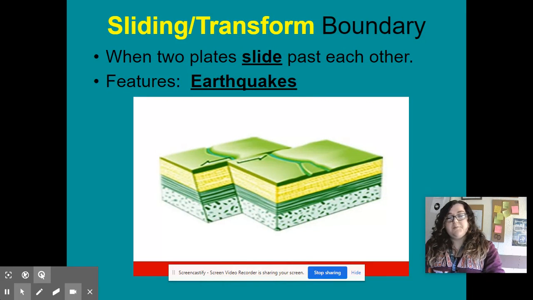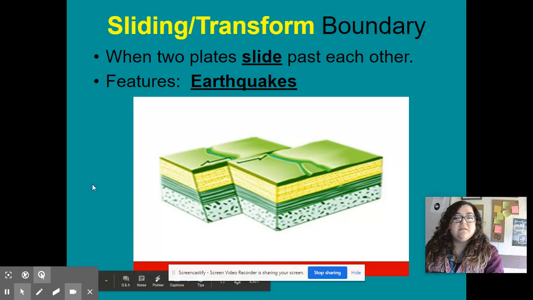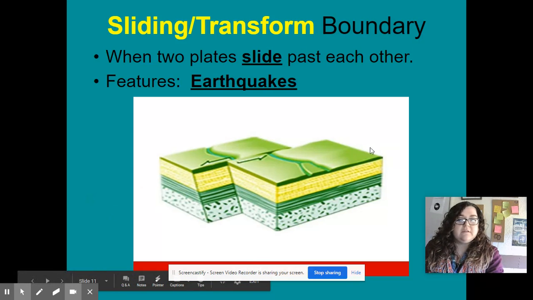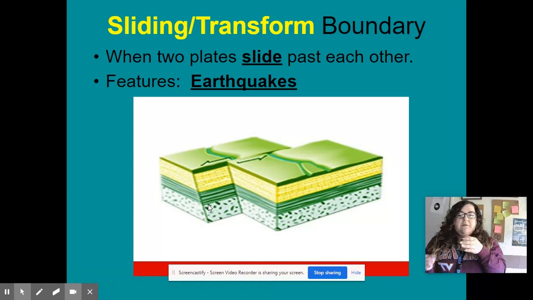So the next type of boundary is going to be called a sliding or transform boundary. So these are kind of cool. We get to study these a lot as geologists. So instead of coming together or pulling apart, they're literally just sliding past each other.